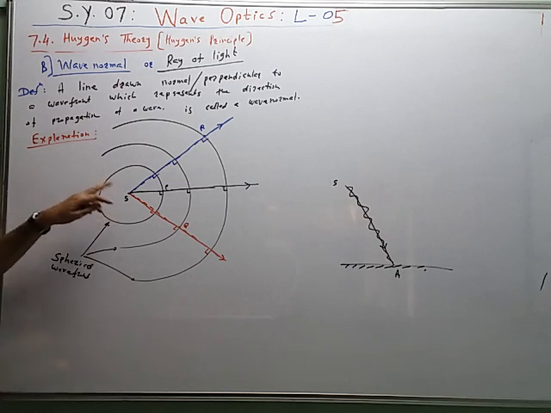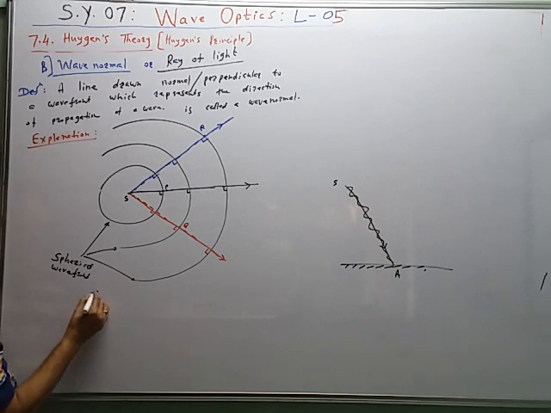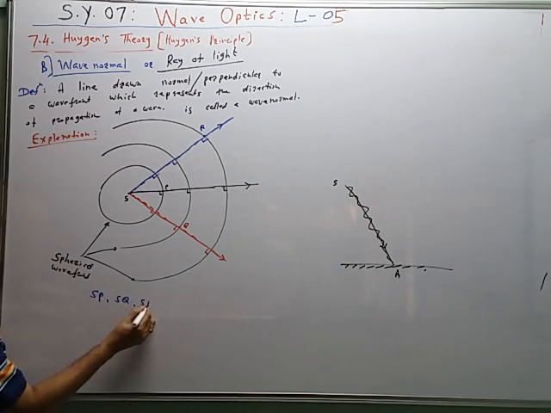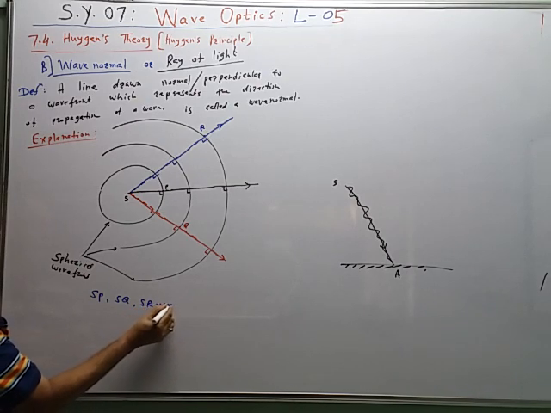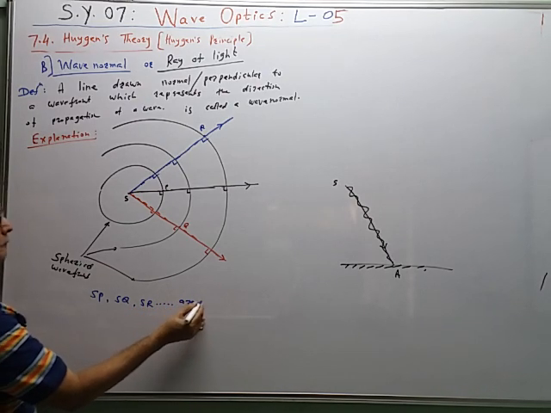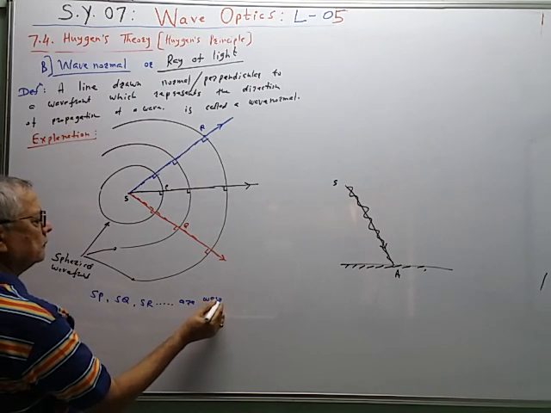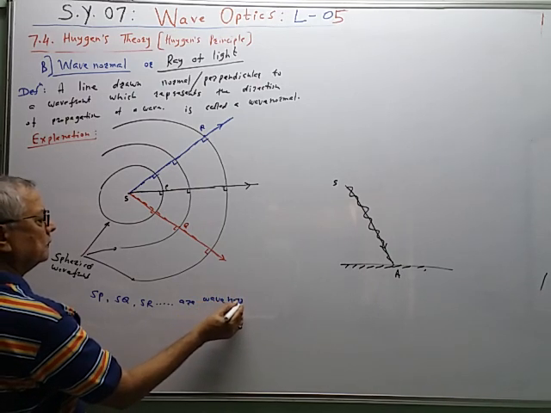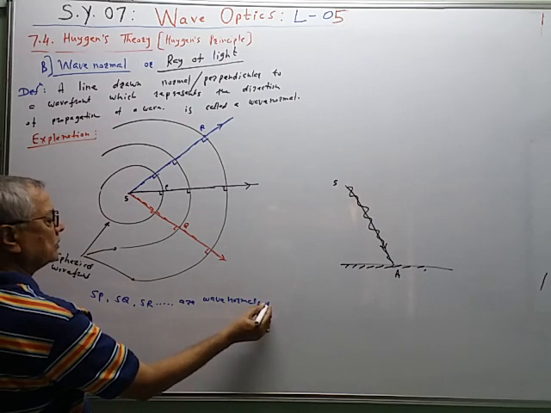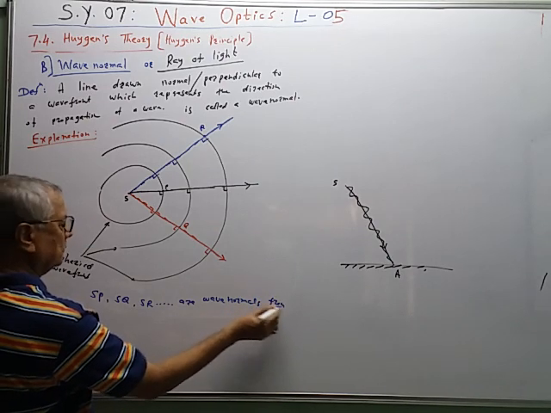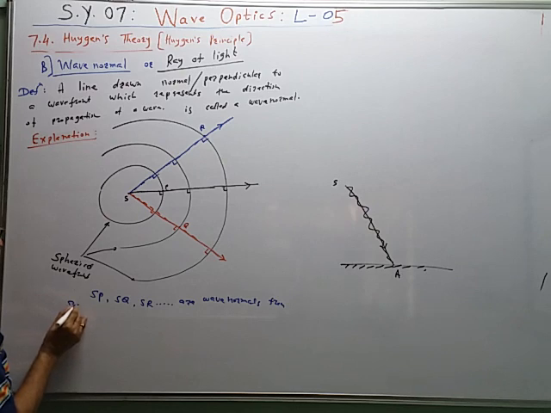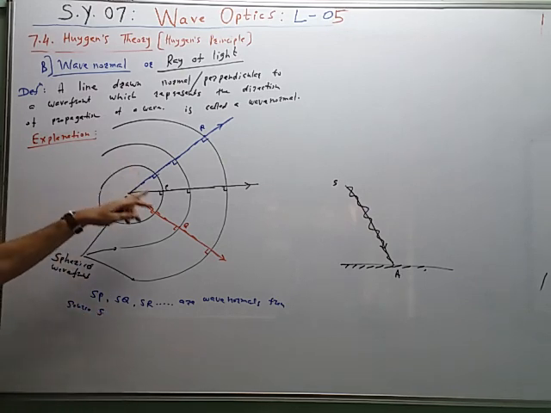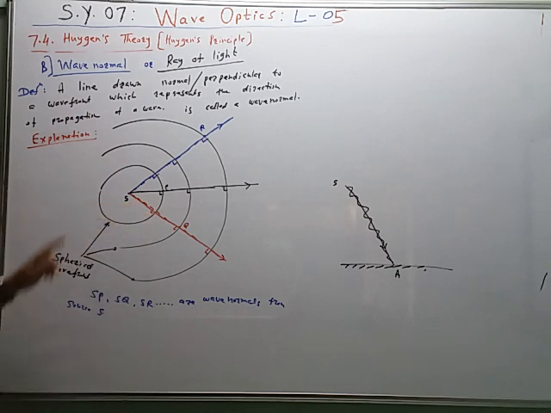So in this figure, SP, SQ, SR are the wave normals from source S. So these are the rays of light starting from the S.